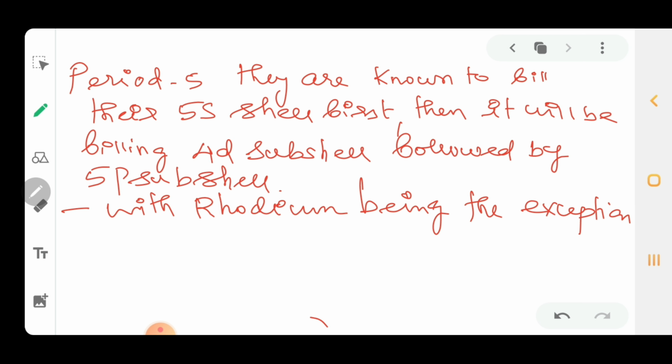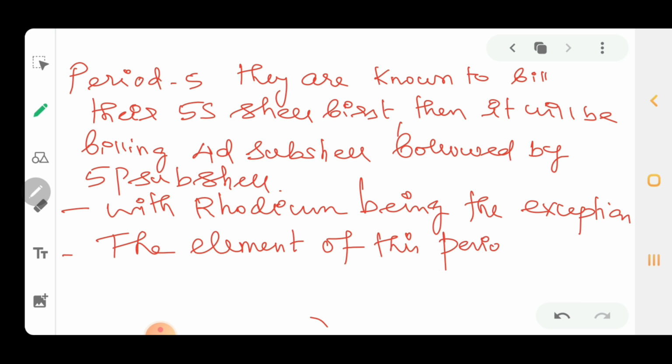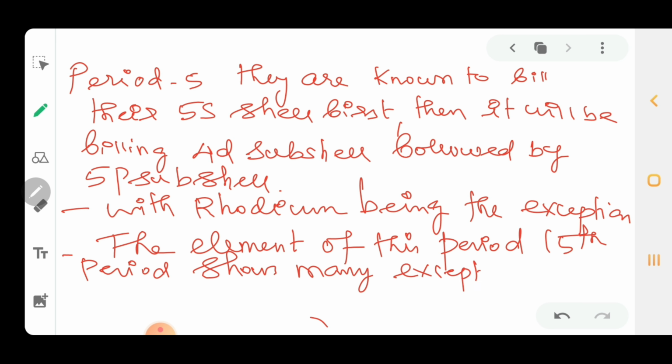It doesn't follow the regular trend, that is first filling the 5s shell and then the 4d subshell followed by the 5p subshell. And the elements of this period, that is the 5th period, show many exceptions according to a rule called Madelung rule.